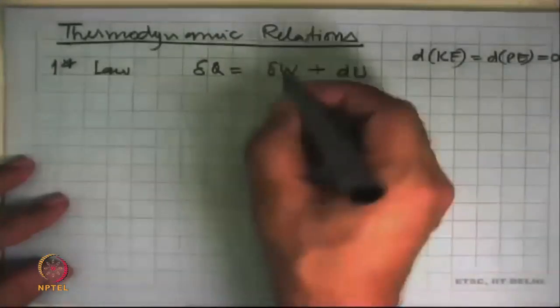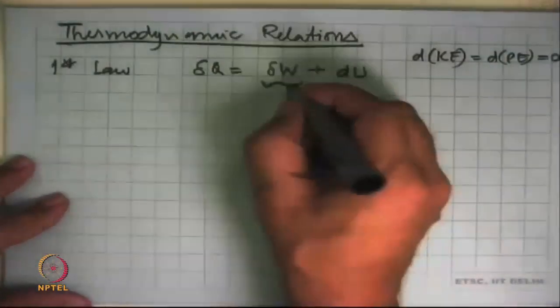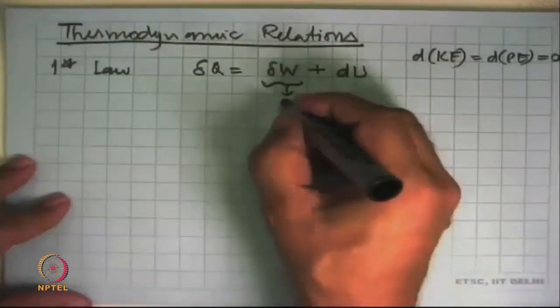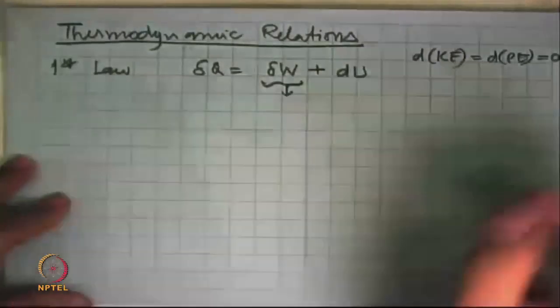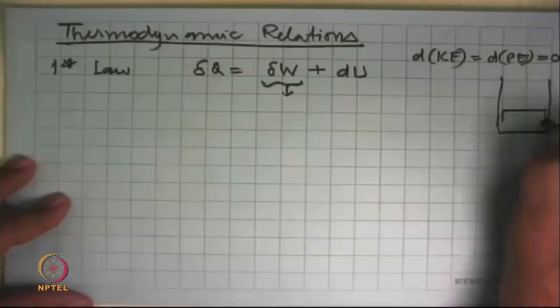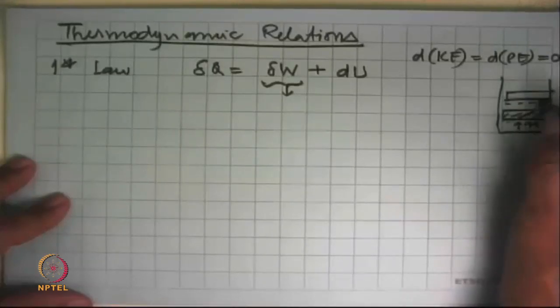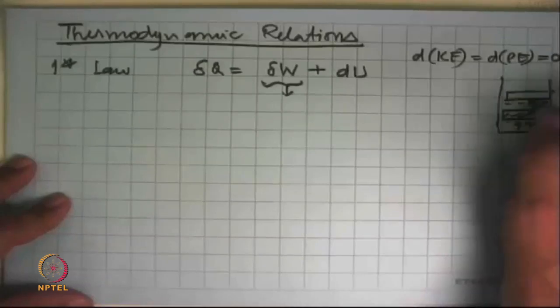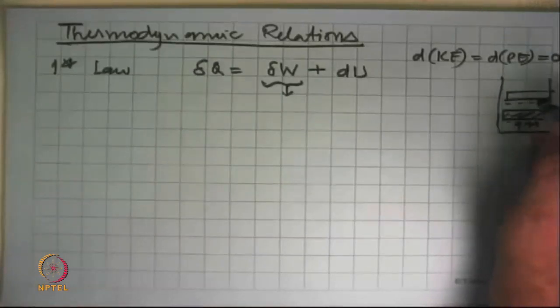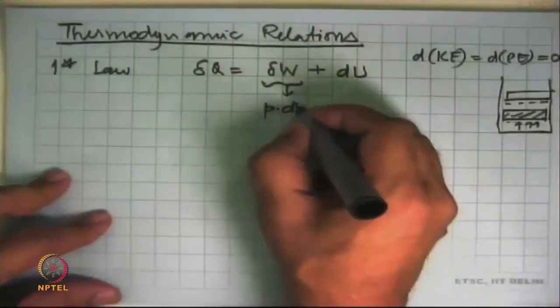Now let's look at what delta W actually comprises of. This includes work done at the system boundary. If there was a cylinder piston arrangement, and the system pushes the piston so the system boundary moves up, then that little movement, if pressure changed infinitesimally little during that time, was P multiplied by the volume change.